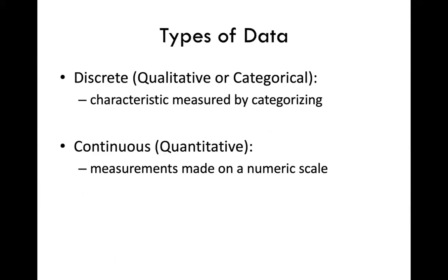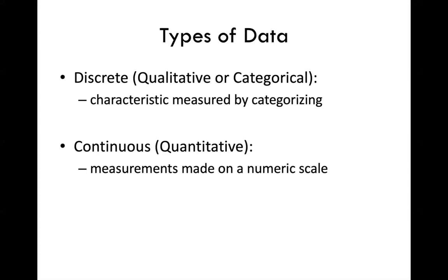So these are some basic concepts, but really important, as you'll see later: the types of data will determine the types of statistical tests we use and the methods we use to describe these data. So it's really important that you understand these rather basic, but key, principles. The two main types of data are discrete data, which is sometimes just called categorical data.